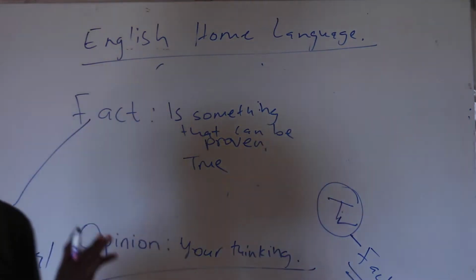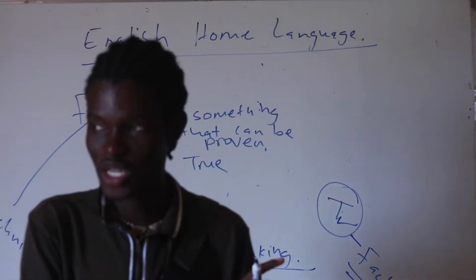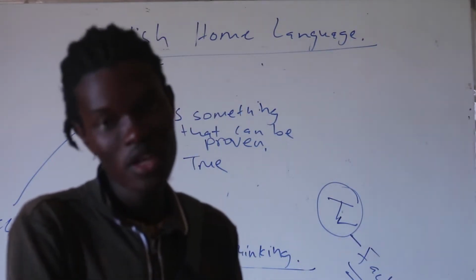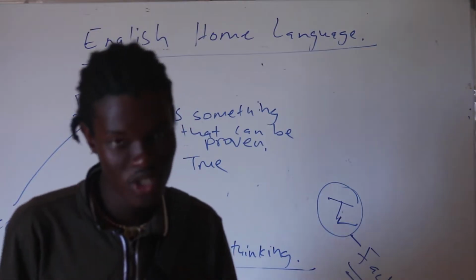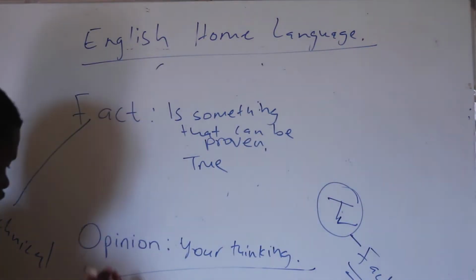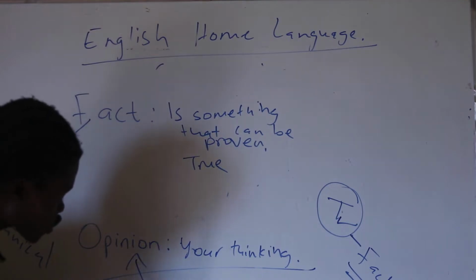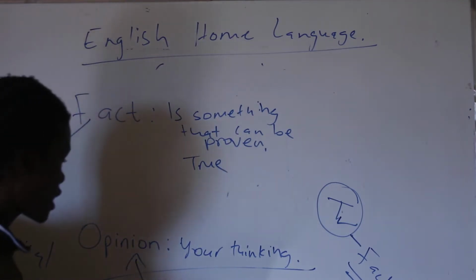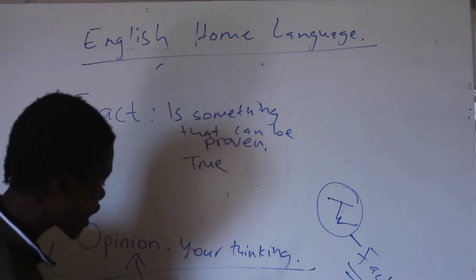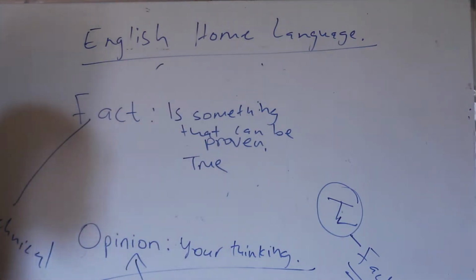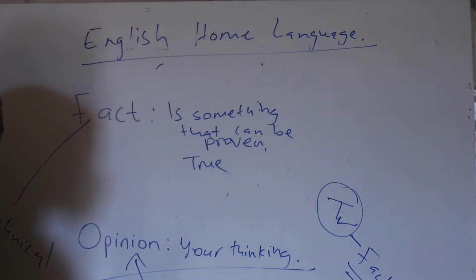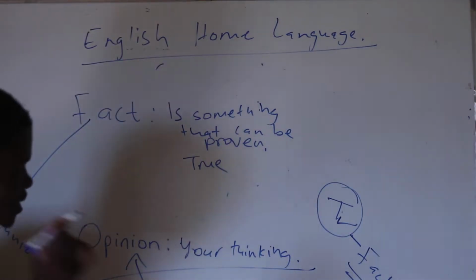Opinions, this is what you were taught in primary school. Do you think Bob the Builder was supposed to marry the second wife? Yes, because it's going to make him richer and richer. That's an opinion. It's your own thinking. So that's why it goes with the general understanding question. Do you understand what I'm saying? When you see a general question, you can give your opinion, but you must support it.